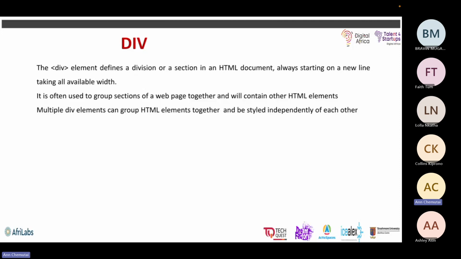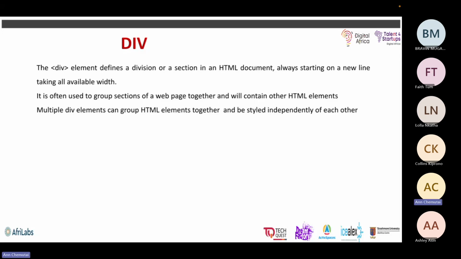So what do we use div for? To group sections of our web page together, and it will always contain other HTML elements like a paragraph, a heading, links, images, all those elements that we've interacted with, we can put them in divs to group them in sections, right?